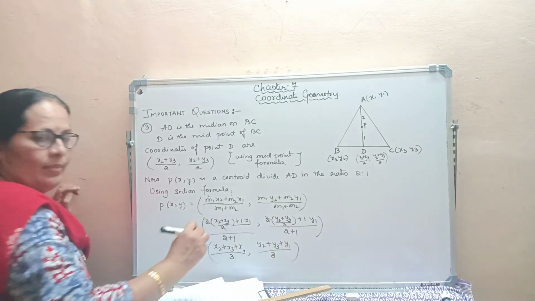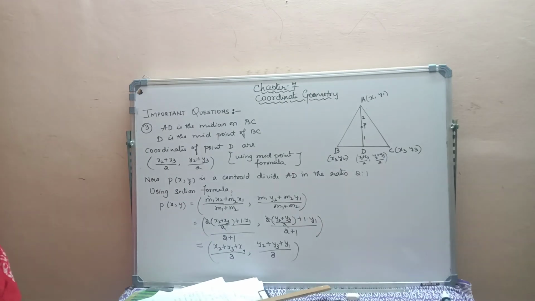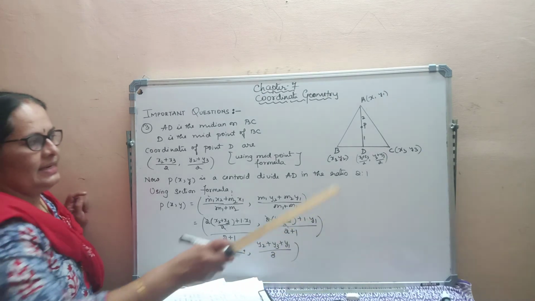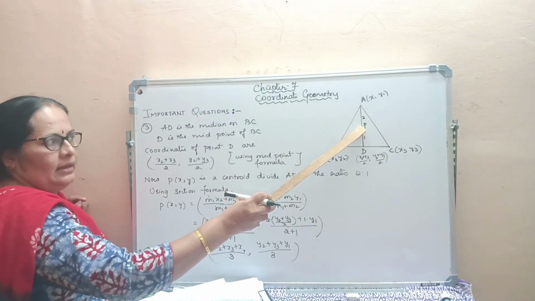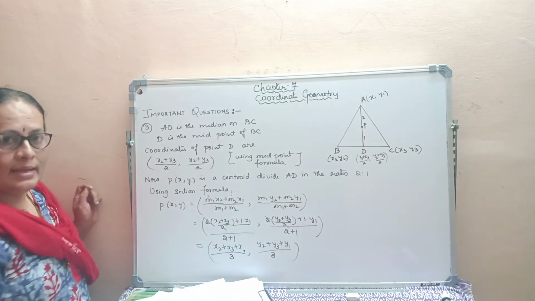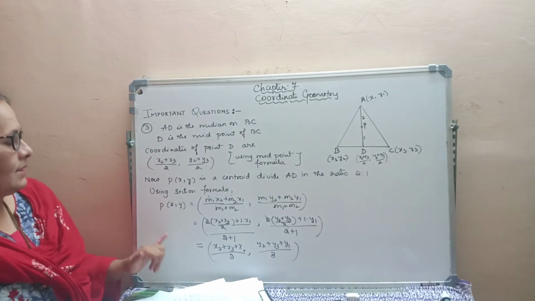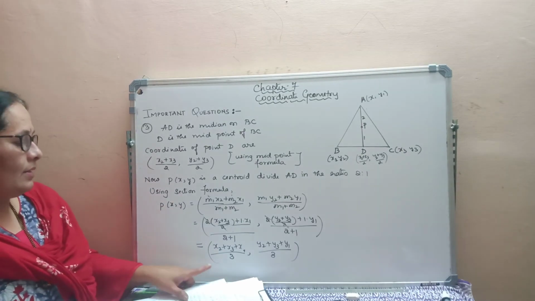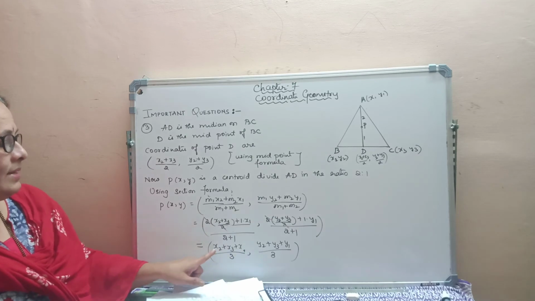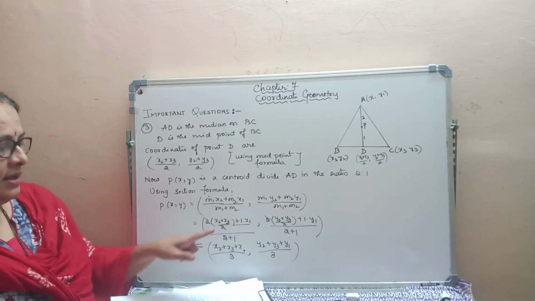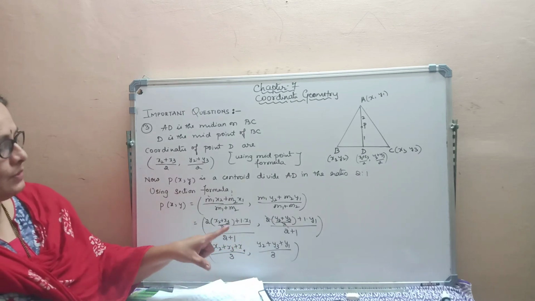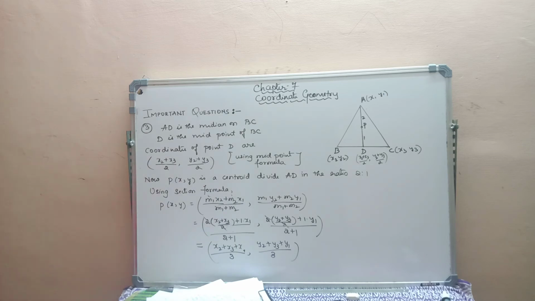This is nothing but the formula to find the centroid of a triangle. When the three medians intersect each other, that point is called the centroid, and it can be calculated using the formula (x1 plus x2 plus x3 upon 3, y1 plus y2 plus y3 upon 3).